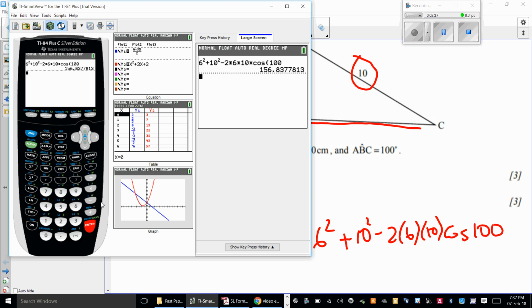Okay, and then let's write that number. So that's 156 point something.